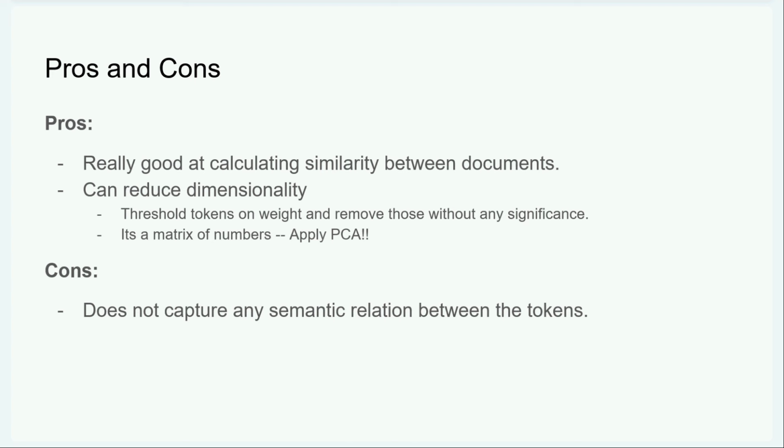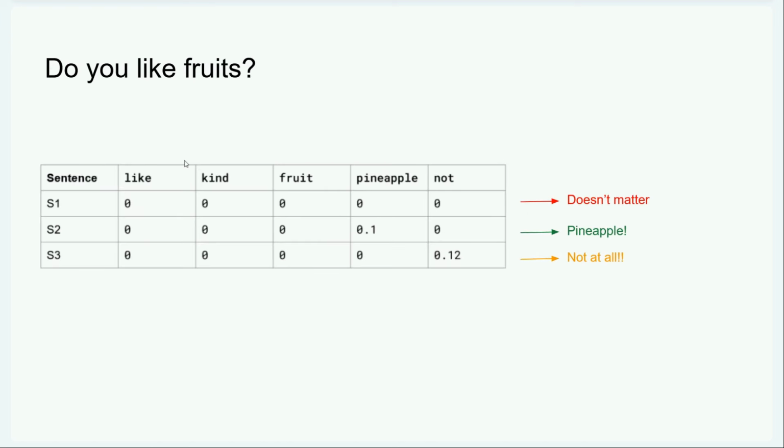Now the other thing that you can do is you can apply PCA. I'm not sure how many of you know what PCA is. So PCA is a dimensionality reduction technique. What you would do is you will try to calculate correlation between these columns here. Those that are closely correlated, you will bunch them together. These columns would have different correlations with each other, right?